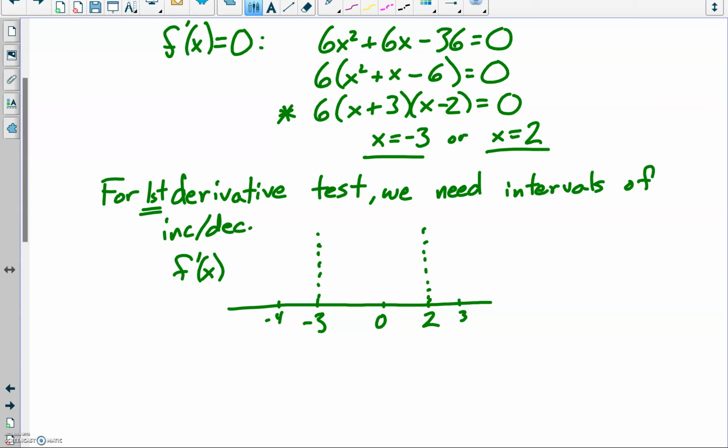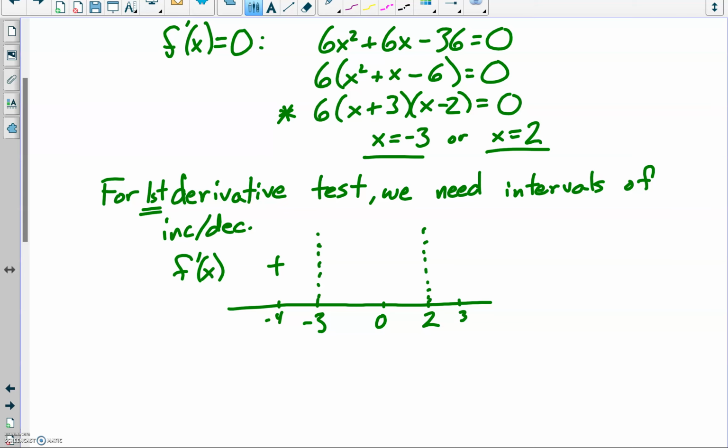Negative 4 plugged in x plus 3 will be a negative number. Negative 4 plugged in x minus 2 will also be a negative number. So I got a positive times a negative times a negative, which is going to be a positive result. So the f prime is positive there. When I plug in 0, 6, still positive. X plus 3 will be positive, x minus 2 will be negative.